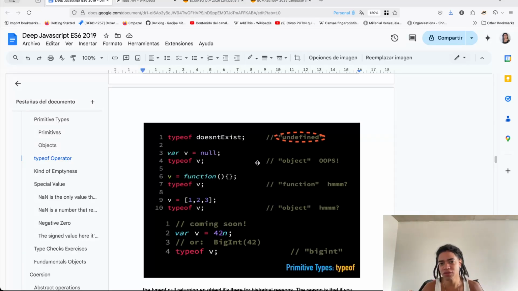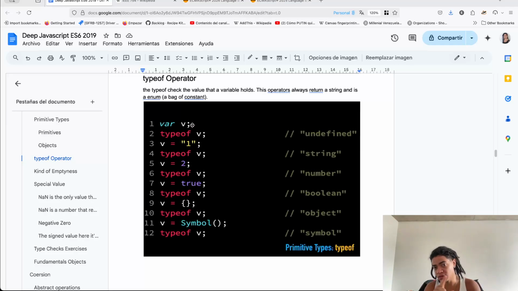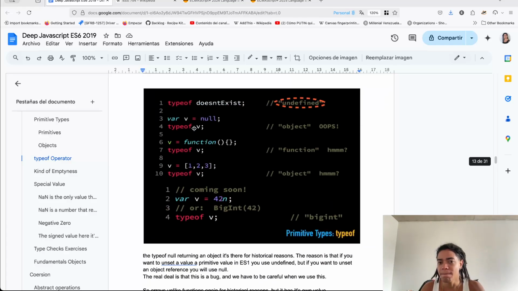So when you use typeof with primitives, like undefined, a string, a number, a Boolean, an object, and a symbol, it works as expected. But when we want to check things like emptiness, like v equal null, for example, you say, hey, I reserve a space in memory.